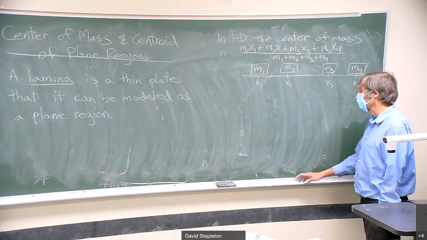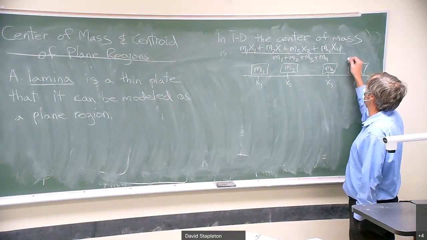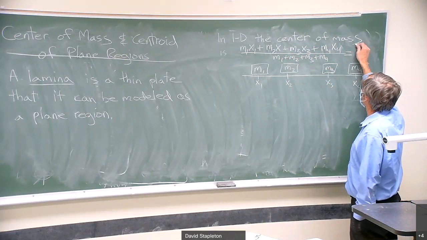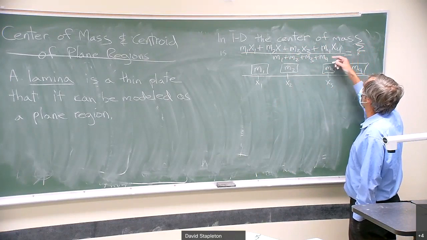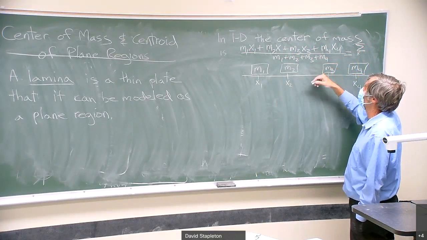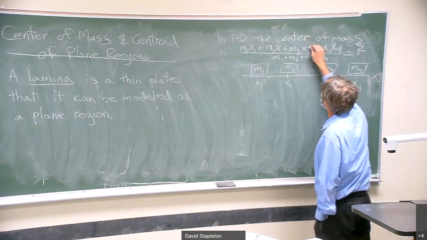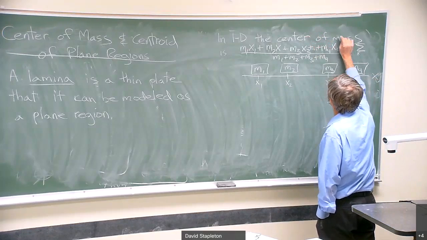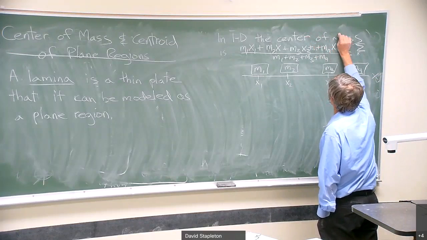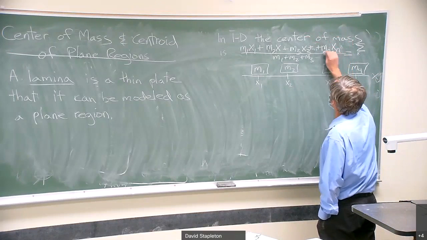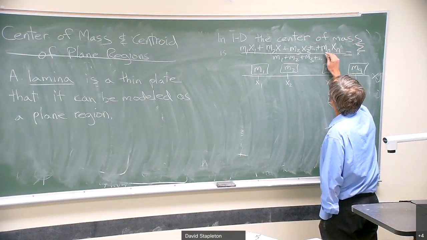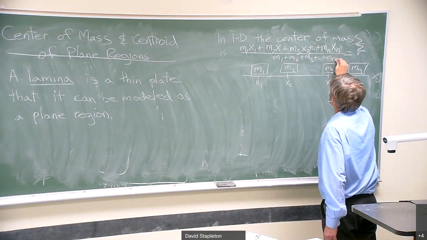There's a more calculus way to write that, of course, right? You could write it in sigma notation. Let me put this in more general notation. For n masses, we could put plus dot dot dot plus mnxn, and then same thing down here, plus dot dot dot plus mn. So here's for n masses.